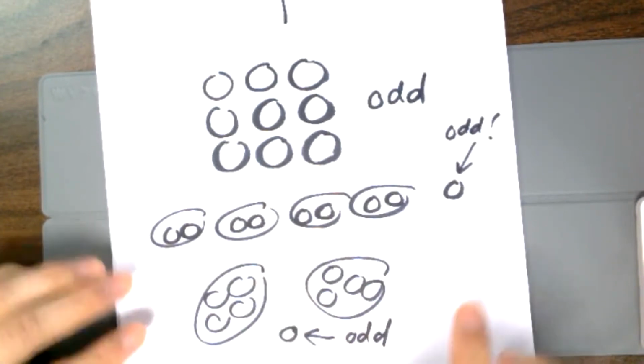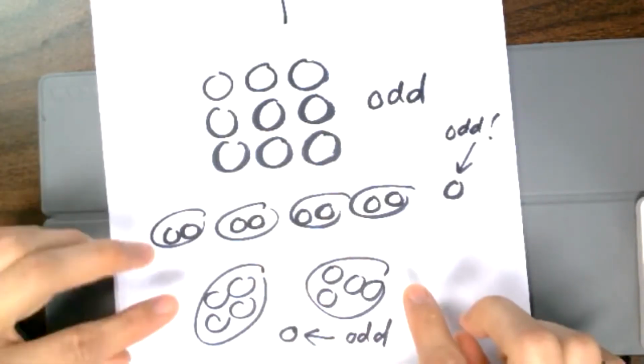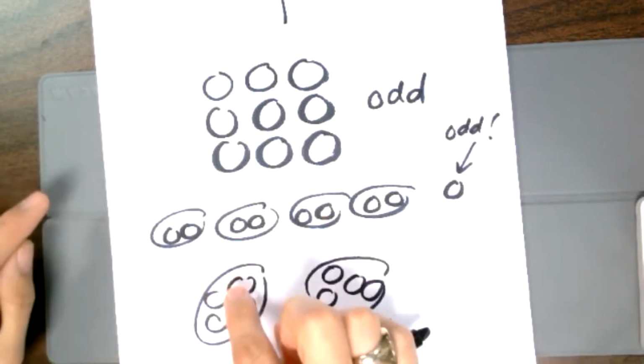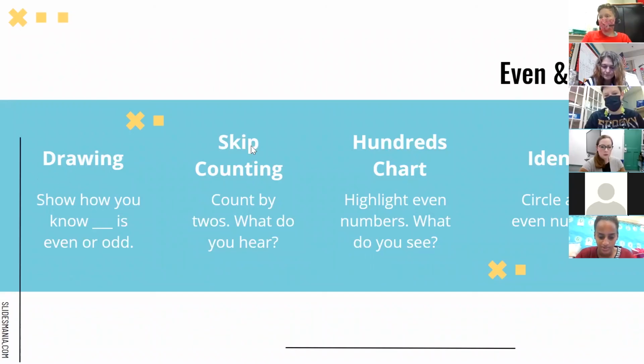So this is 2 different ways in representational to show. And when they were stuck, we were making those connections back to what we did concretely. We did this one, how we know. So these are some representational. I think skip counting, I would call this abstract, probably. Highlighting on a hundreds chart, I think I would probably call it representational.